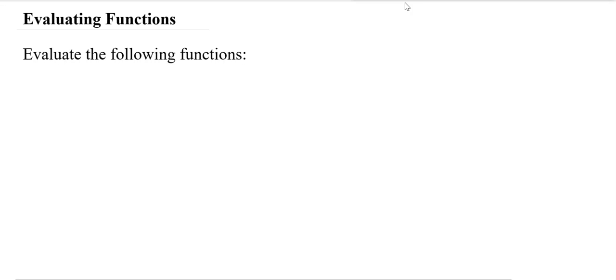Okay, guys, so right now we are going to evaluate functions. Earlier, in the previous video, we said that functions are usually given in terms of equations rather than as sets of ordered pairs.